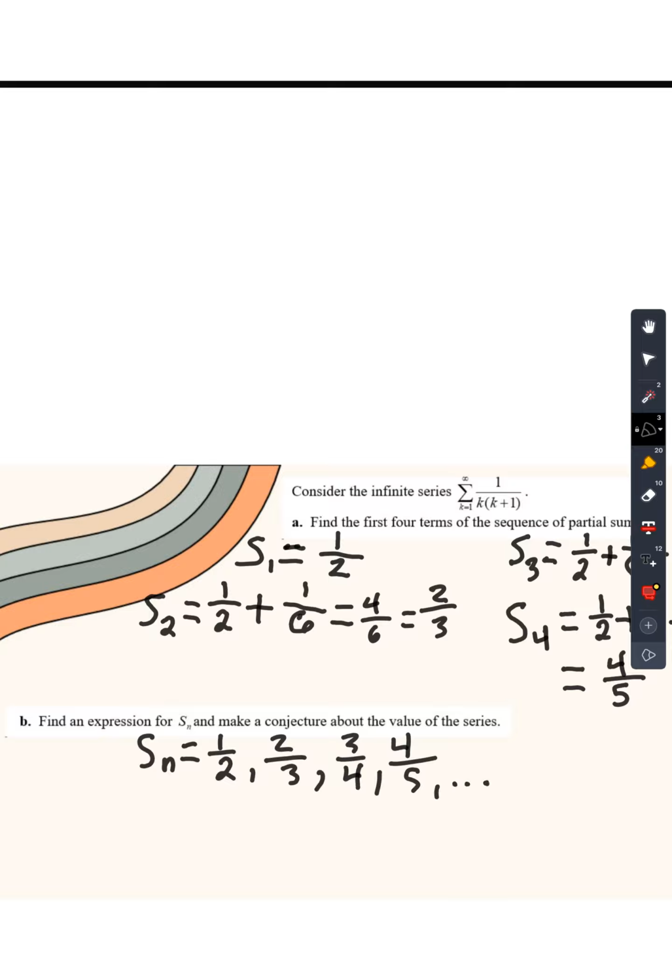So it says find an expression for S sub n, which is kind of why I wrote them out as a list, because it's kind of the same thing that we were doing for our a sub n's for that second example where I needed to find the rule or the pattern.